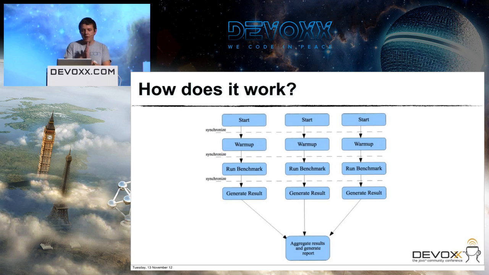A few words on how Radargun works. This diagram shows three nodes, potentially three different processes, a benchmark running on three different processes. Normally we run it on a much larger scale, 60 processes or more. But you can run it with a very high number of processes.